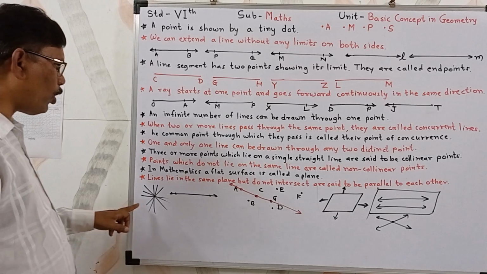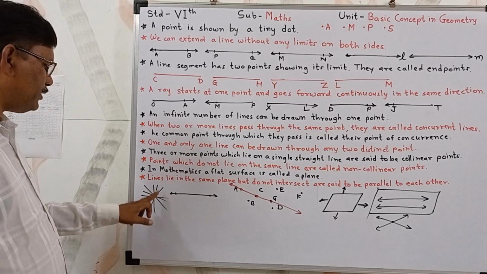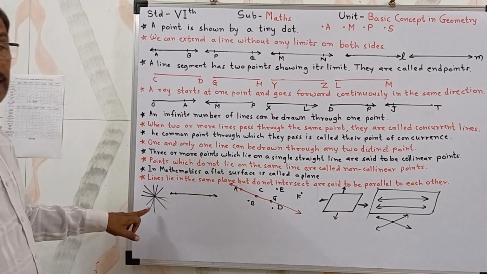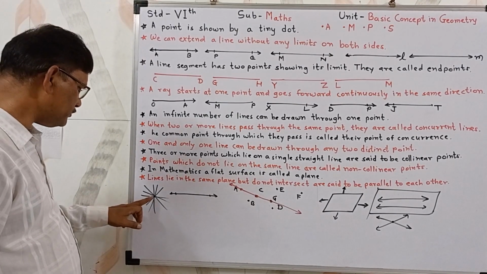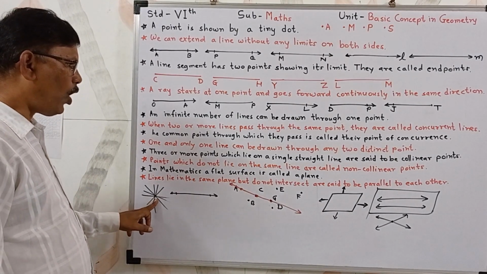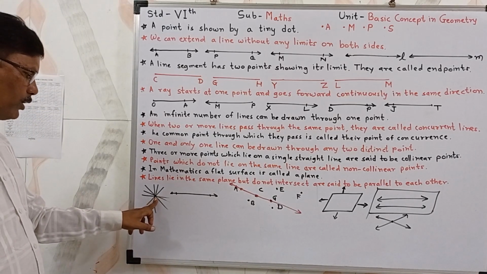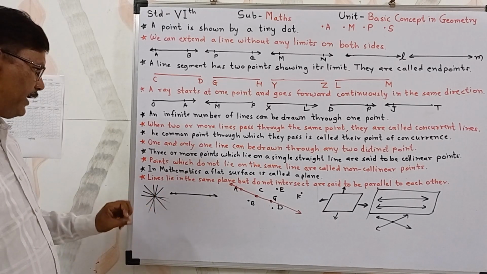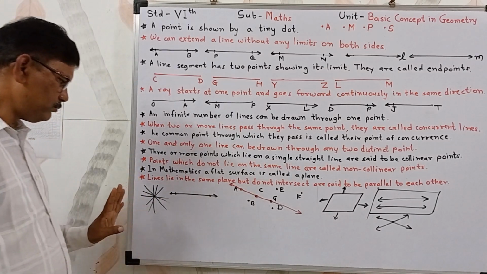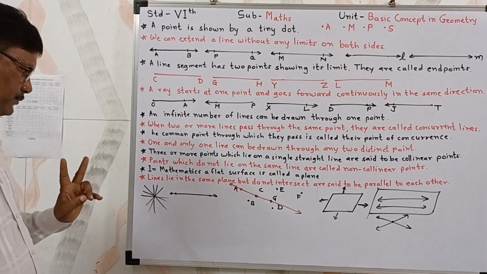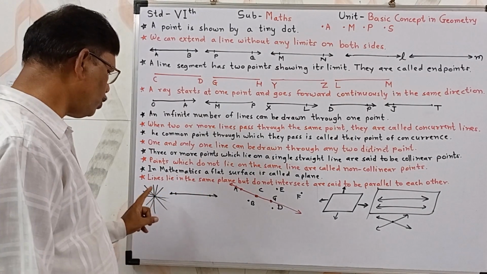That common point is called the point of concurrence, and the lines are called concurrent lines. Understood? Then we can draw only one line from 2 points.